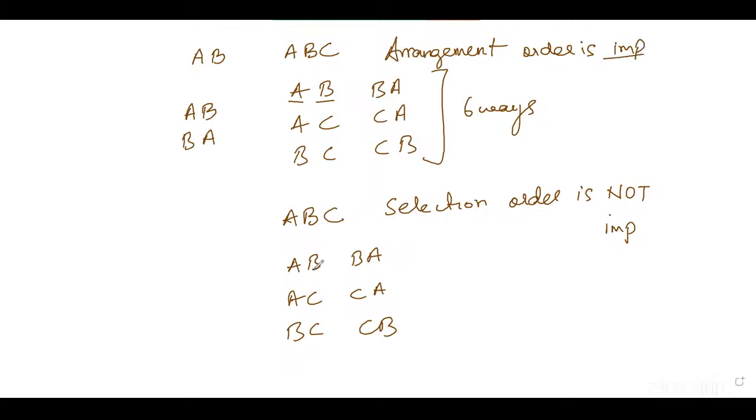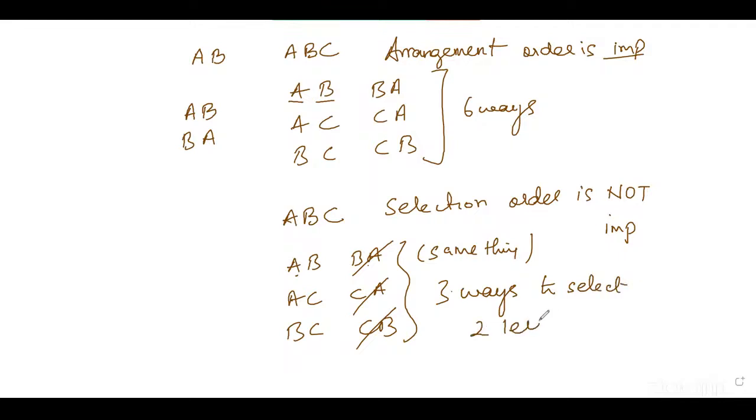So here, AB and BA are the same thing. So BA, CA, CB, you can cancel them out, and there are only 3 ways to select 2 letters out of 3. So remember, when you're arranging, the order becomes important, and when you're selecting, the order is not important.